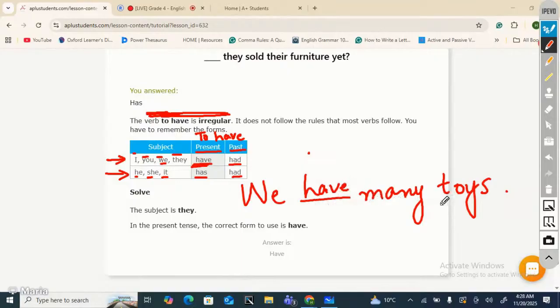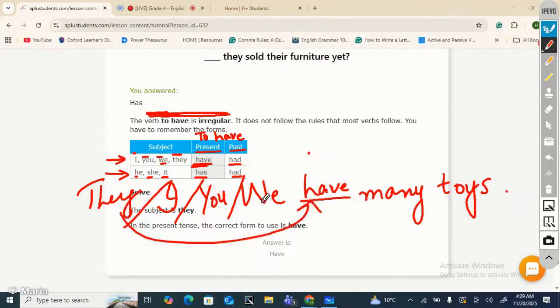We have many toys. In this way, if I change it to you, the same will be used. You have many toys. I have many toys. They have many toys.